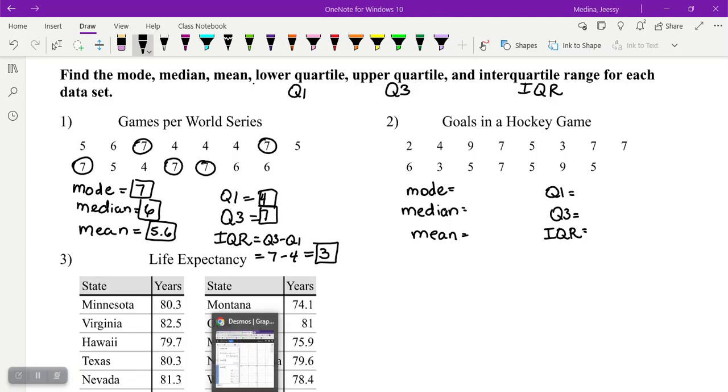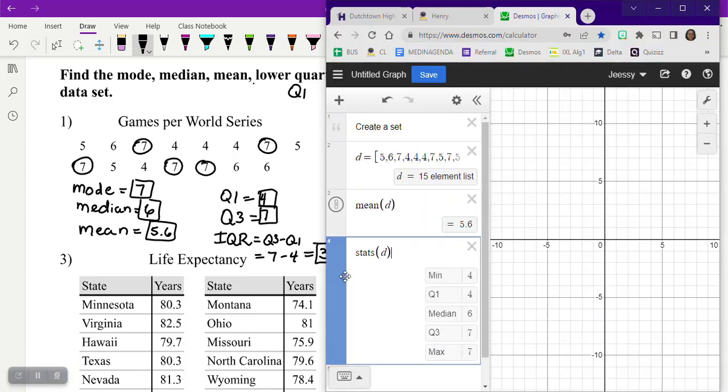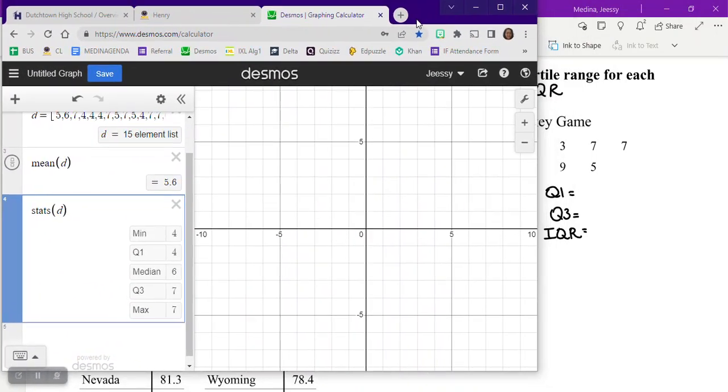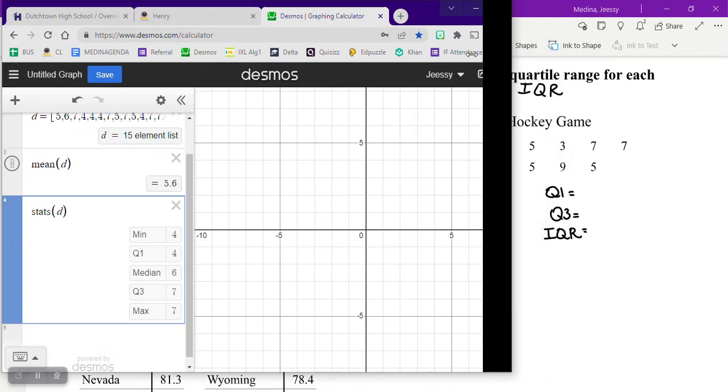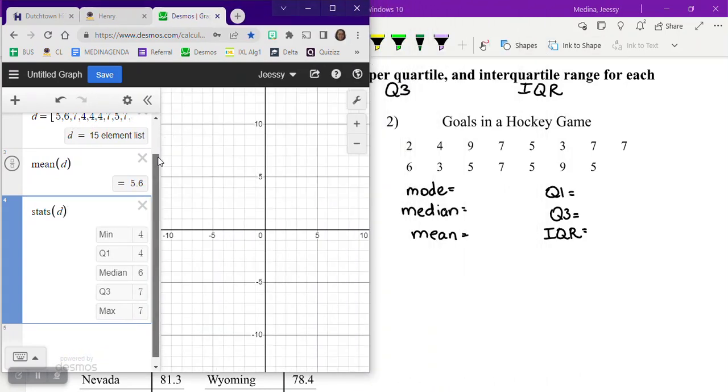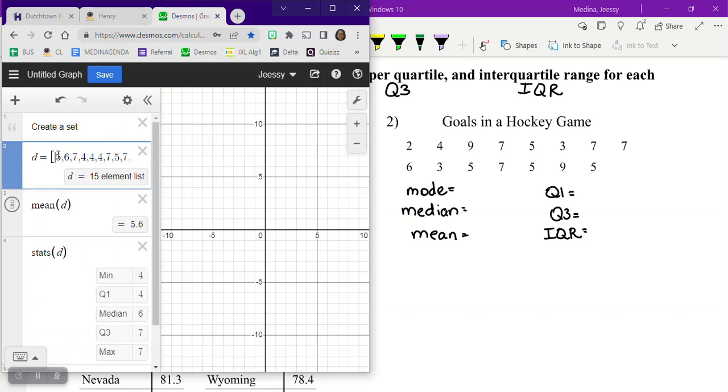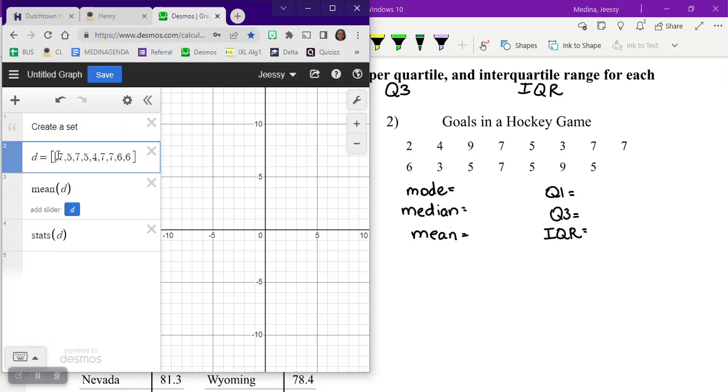All right. So for this one, what you need to do is change. All right, so I'm going to go in and very carefully delete the numbers in my set.